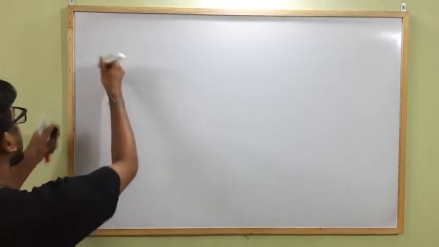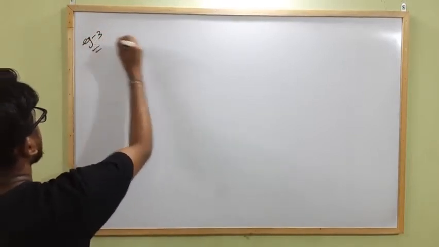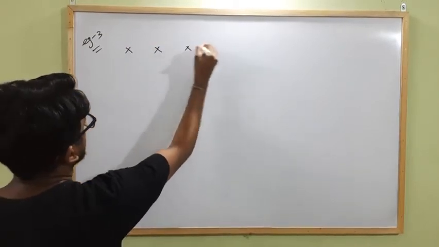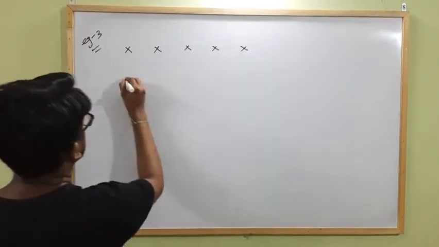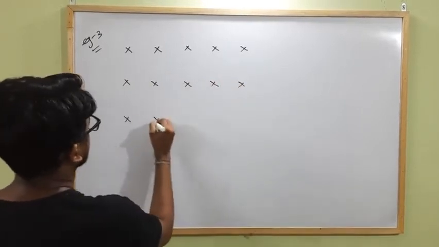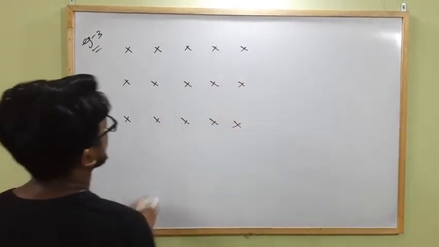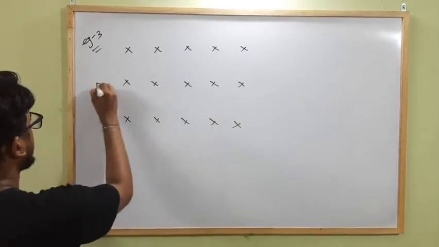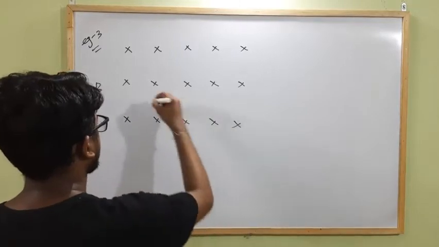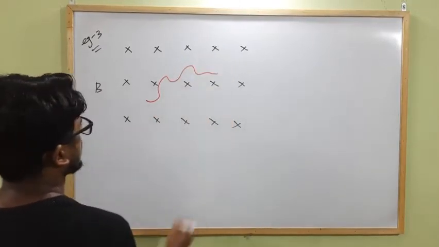So now let's do another example, number 3. Here is a magnetic field acting into the plane, of strength B, and here is a current carrying segment present like this.